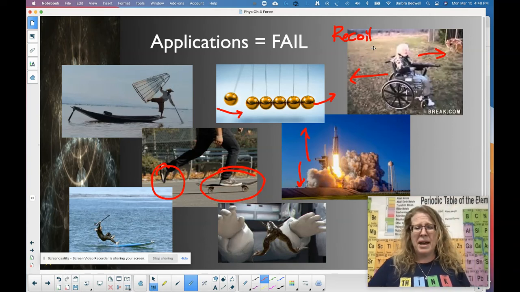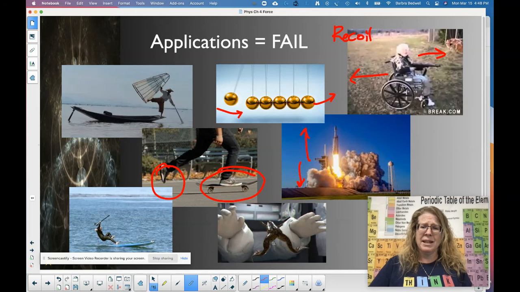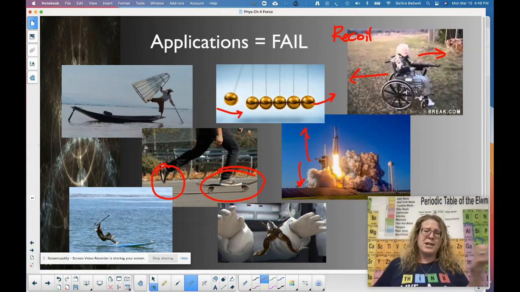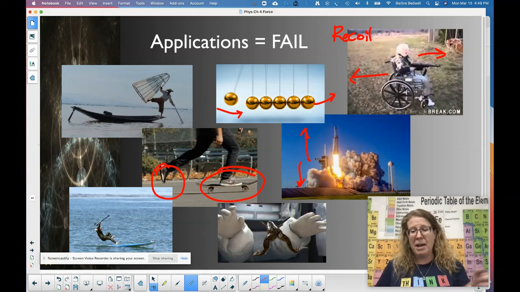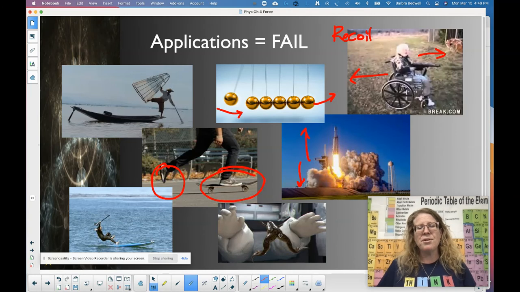And the last example I have down here is my frogs in space. If you ever get a chance to see this, they took a poor frog up onto the space shuttle and let this poor dude try to swim around. And this is what happens when you have things that are used to certain action-reaction pairs, and those pairs are taken away. That's actually what's happening on the skateboard and the paddleboard as well: you're used to certain things like friction and air resistance being there, and all of a sudden you lose one of those pairs of reactions, and things don't work.